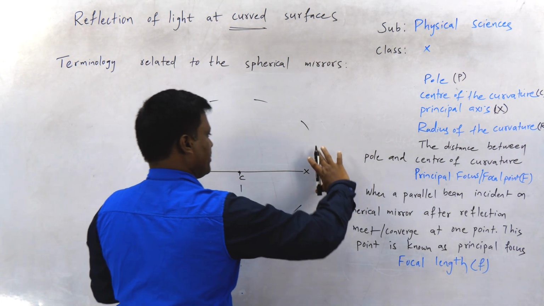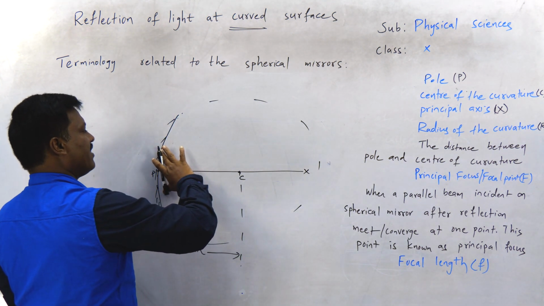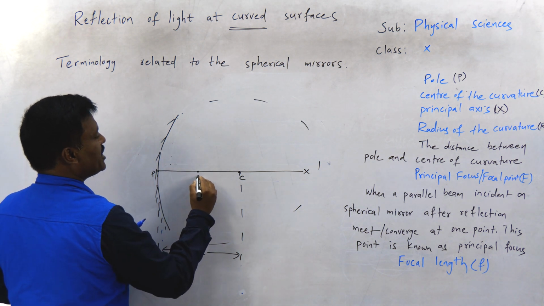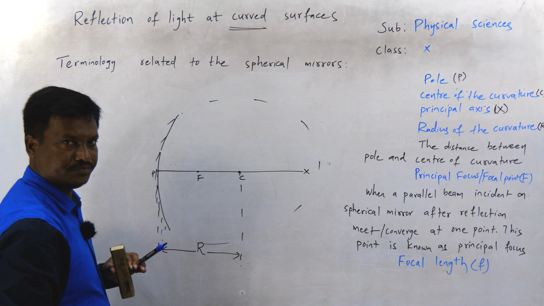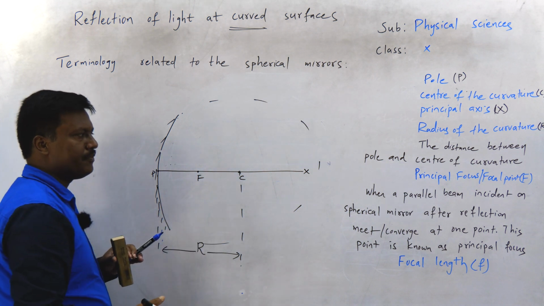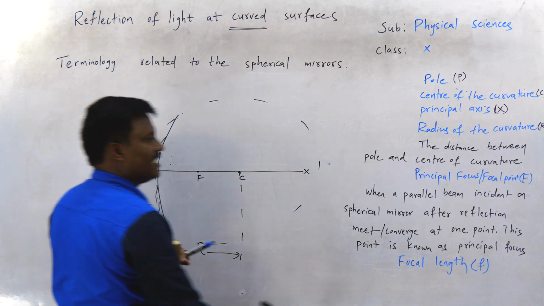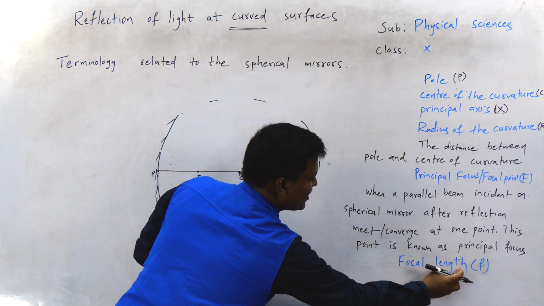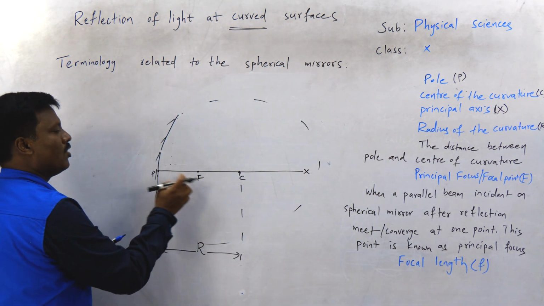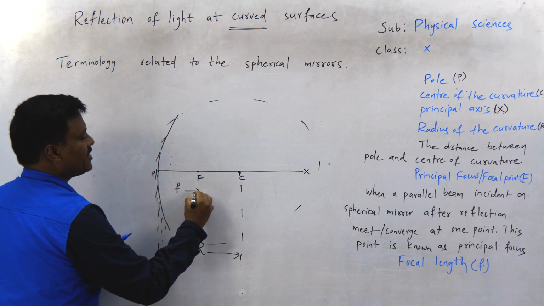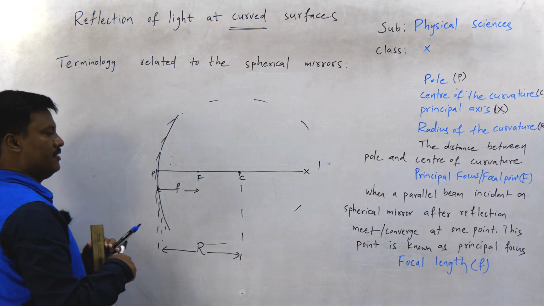Now, the principal focus. When a parallel beam is incident, after reflection all the light rays converge at one point. That point is called the principal focus. Just now we have discussed. Now what is focal length? Focal length is a distance between the pole and focus. The distance between the pole and focus is known as focal length.